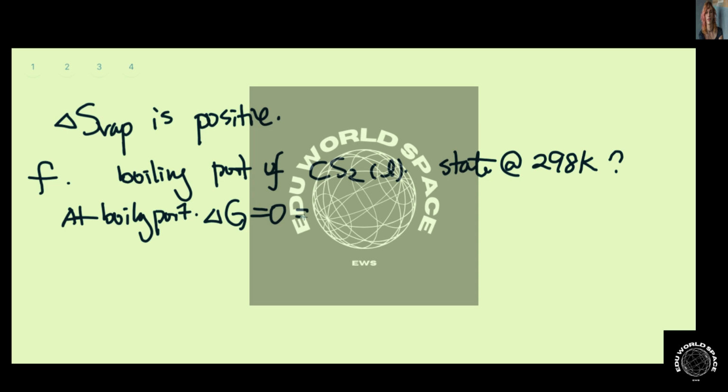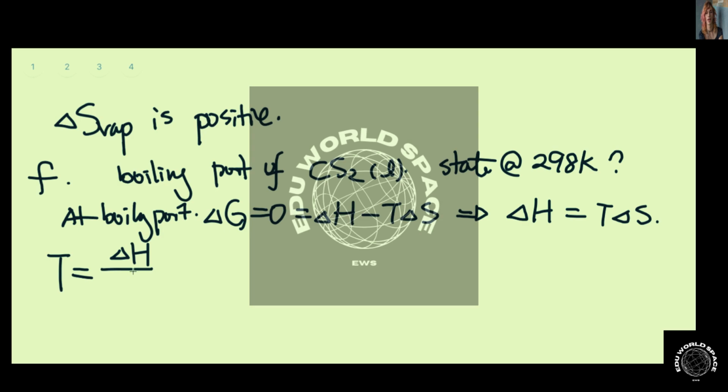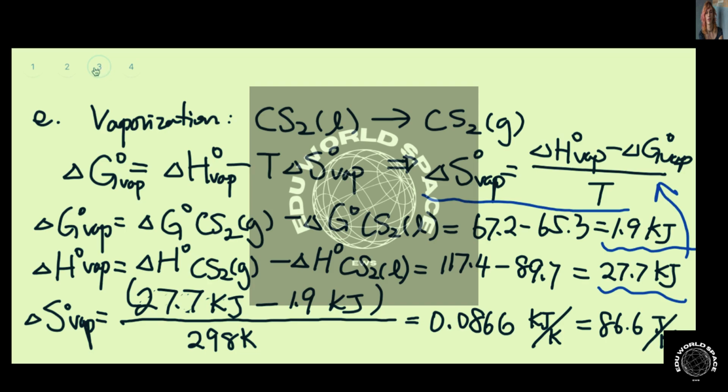And we know that delta G is equal to delta H minus T delta S. So if that is equal to 0, we will have delta H equal to T delta S. So the temperature of the boiling point will be equal to delta H divided by delta S. So we look up the numbers for delta H and delta S right here: 27.7 and 86.6.